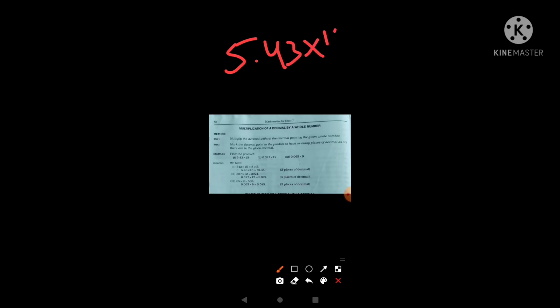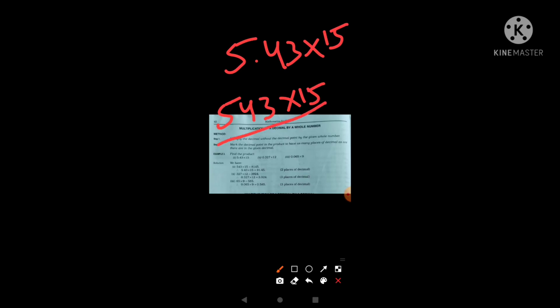So we will multiply, and in the product we will place the decimal point according to the number of places in the decimal. Let's see with an example, 5.43 into 15. So first we will write 543, without the decimal, and 15.